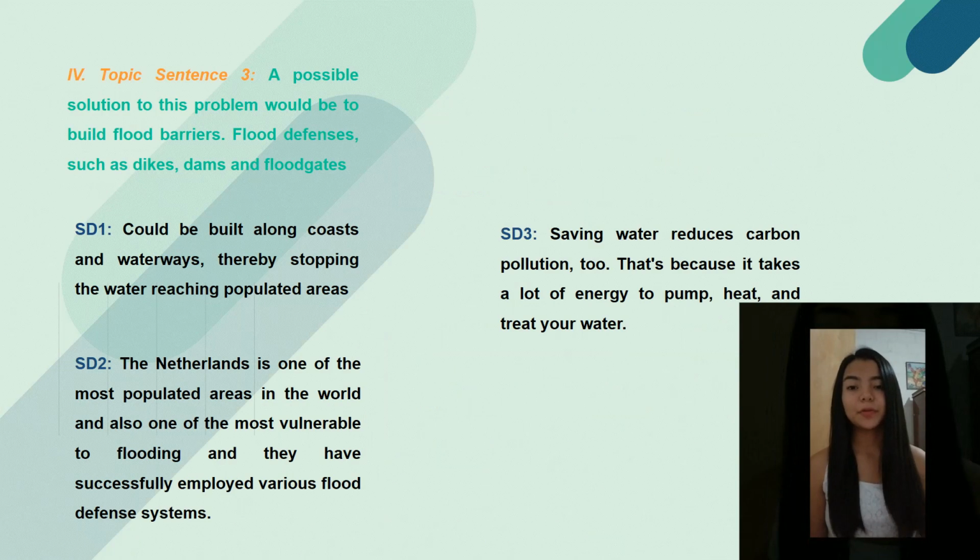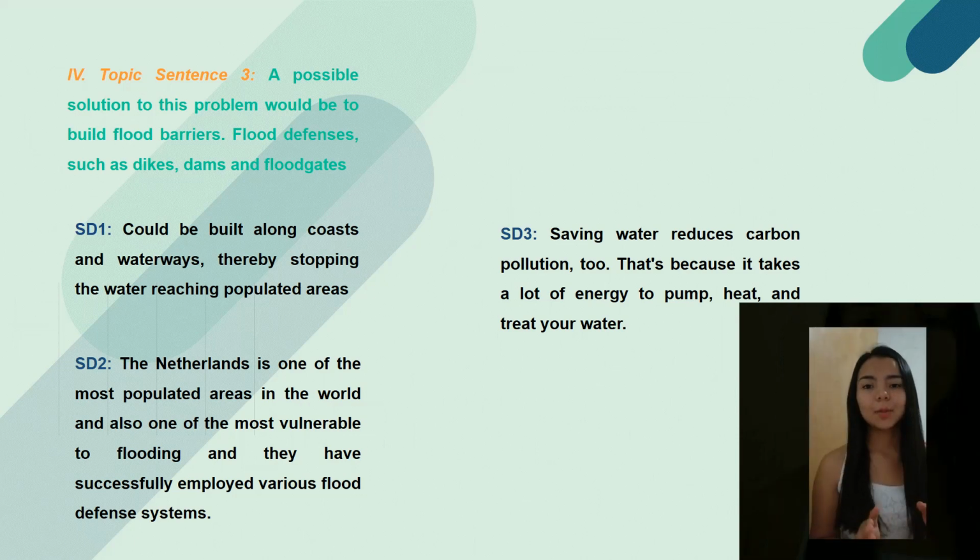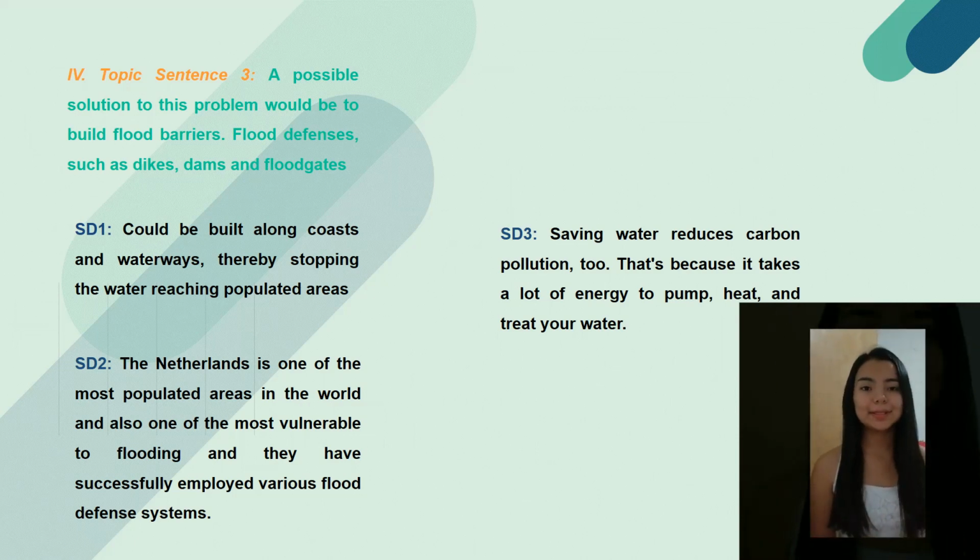Topic sentence. Number 3. A possible solution to this problem would be to build flood barriers, flood defenses, such as dikes, dams, and floodgates. Possible solutions. Number 1. They could be built along coasts and waterways, thereby stopping the water from reaching populated areas. Possible solutions. Number 2.